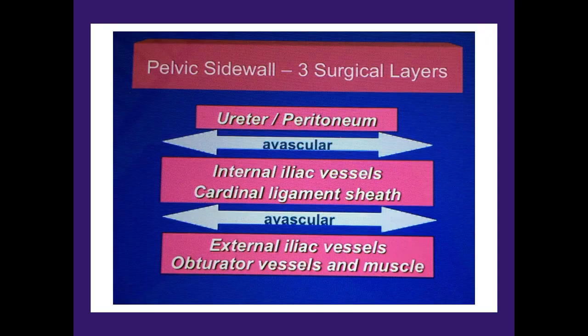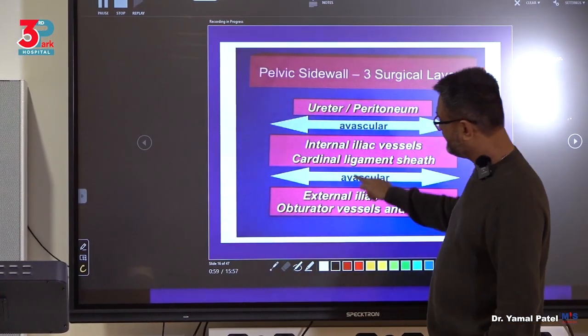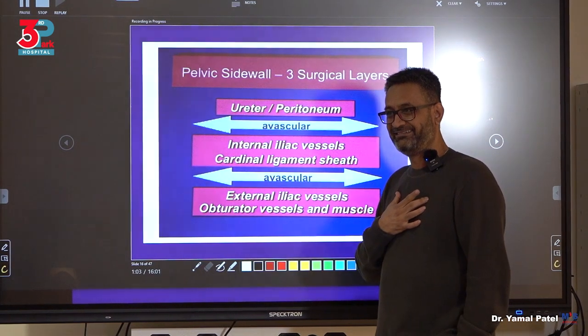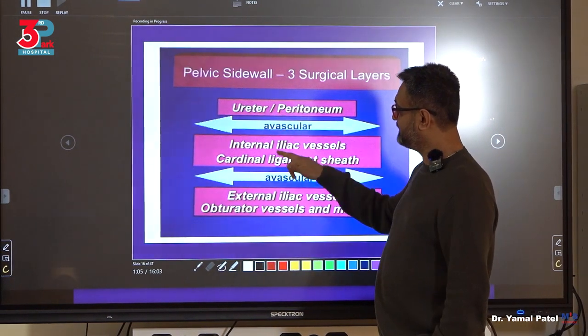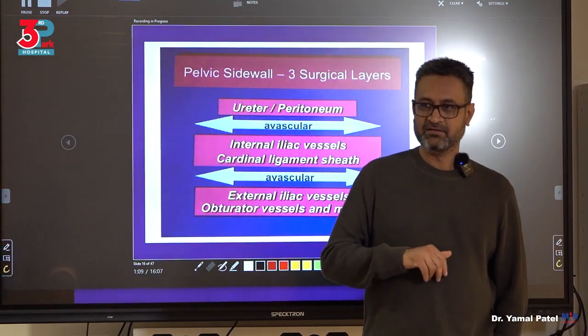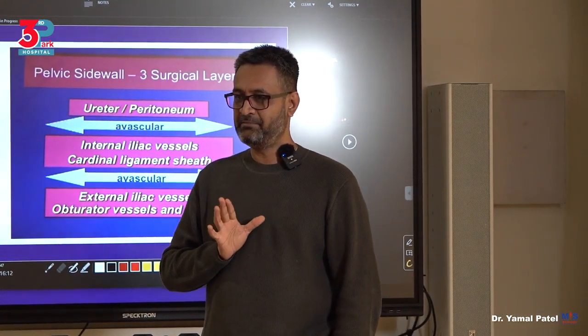Just below that, there is a plane where we can dissect this ureter off the other surrounding structures, that is avascular. You see these two white avascular planes? Those are my areas of interest, where I can dissect it off the internal iliac vessels and the sheath of the cardinal ligament down there without injuring it. Now you're getting my point?